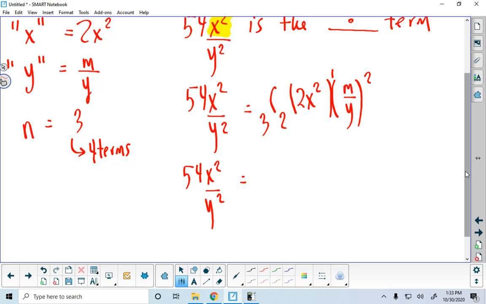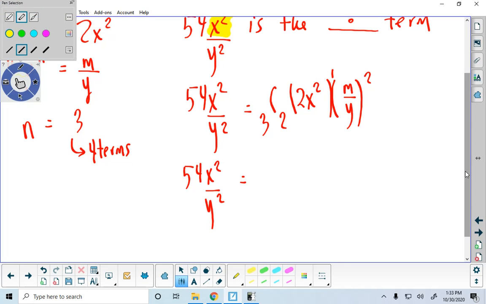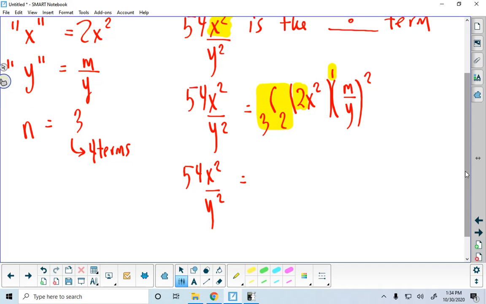I'm going to take the 3 choose 2. And you can calculate 3 choose 2 on your calculator, but 3 choose 2 is going to give you 3. And I'm going to multiply that 3 by 2 raised to the 1 and get 6.